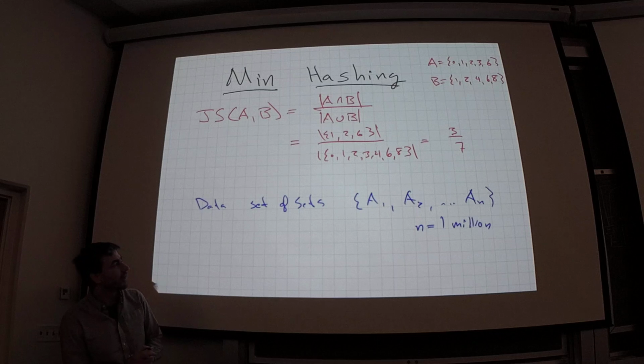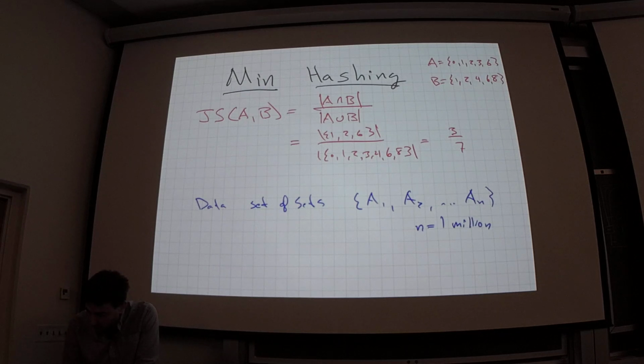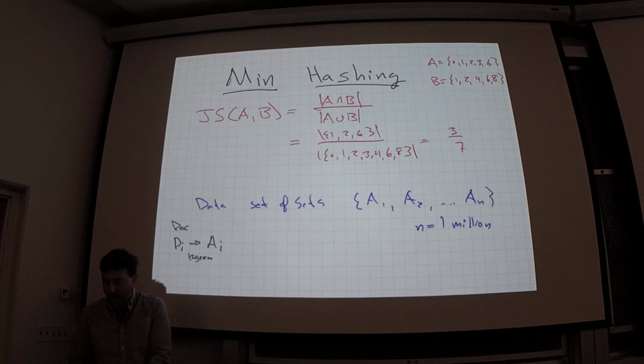So the goal is to kind of get a different representation. So what we're going to do is, for each of these documents, go from a document Di, and we're going to do k-grams, that's going to go into a set Ai, right?